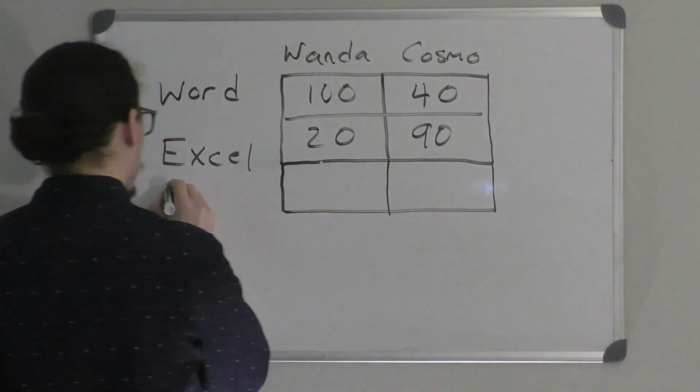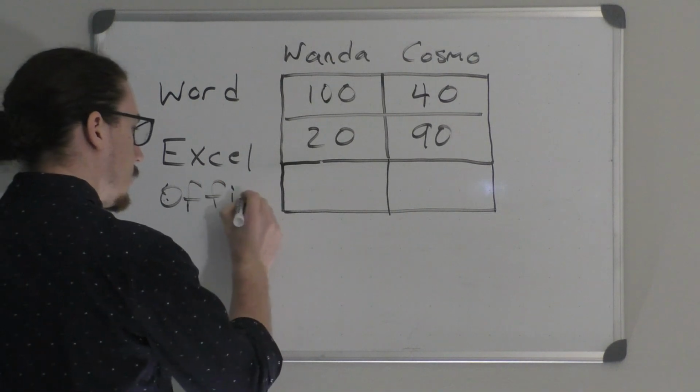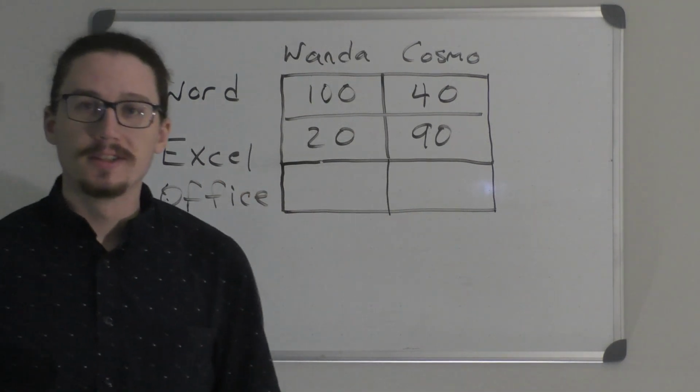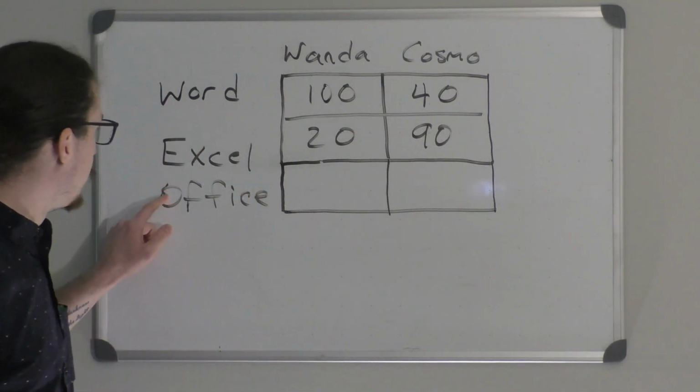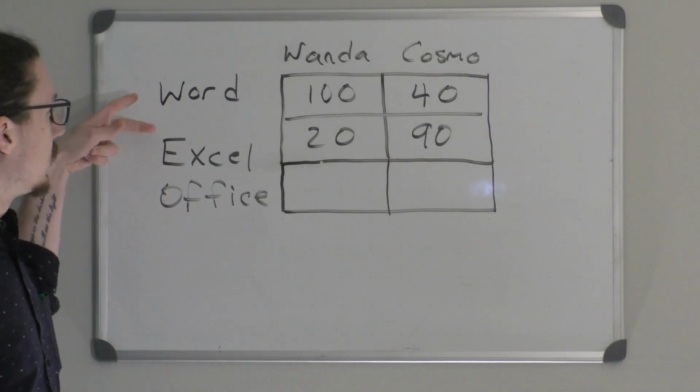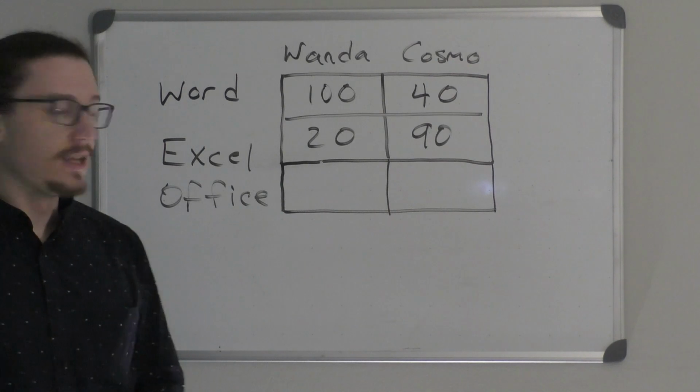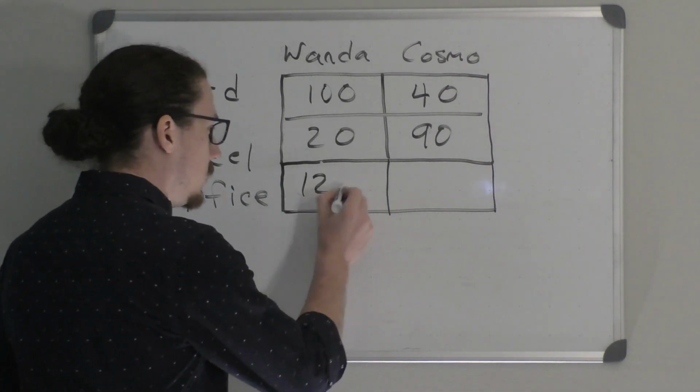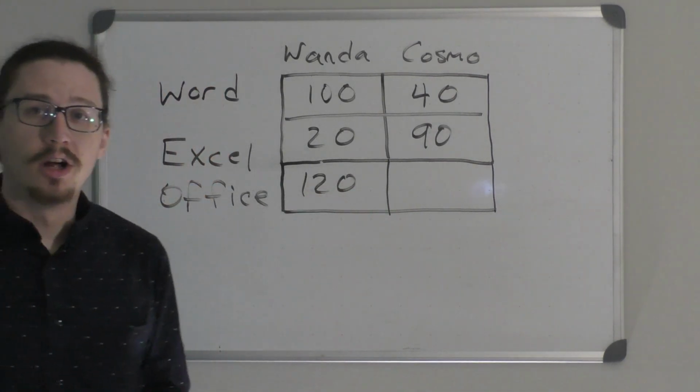And now we're going to add another row to this, which is Office. So Office being Word and Excel together.